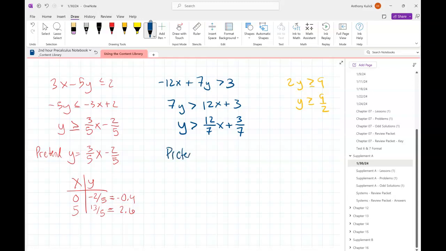But yes, you can still graph this on the calculator. It's just less of a necessity. So again, we'll do the same thing. So I'll do 0 and 3/7. Yuck. And then, I don't know, 7. That's 85/7.